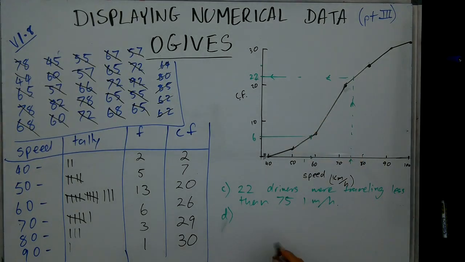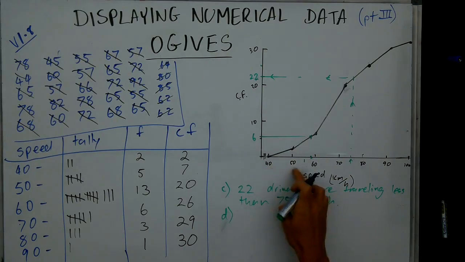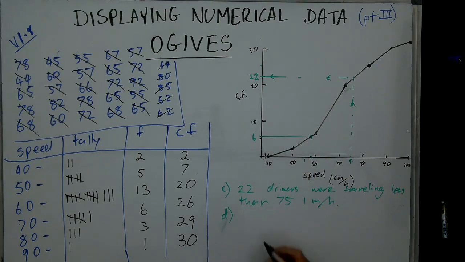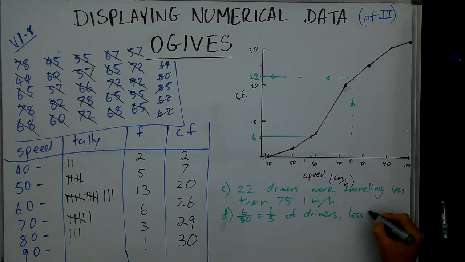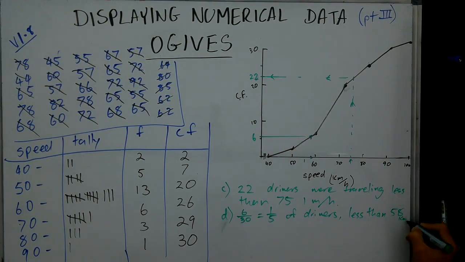So the fraction of drivers driving less than 58 is 6 out of our total 30. And that is 1/5 of drivers less than 58 kilometres per hour.